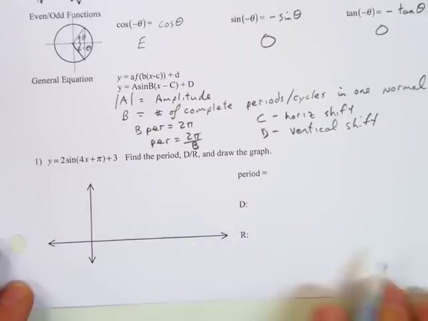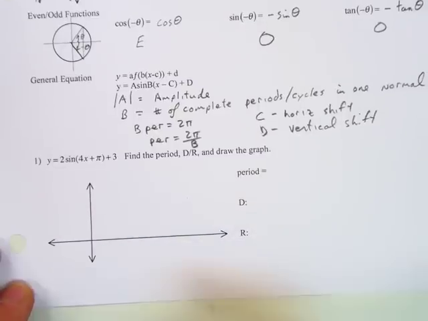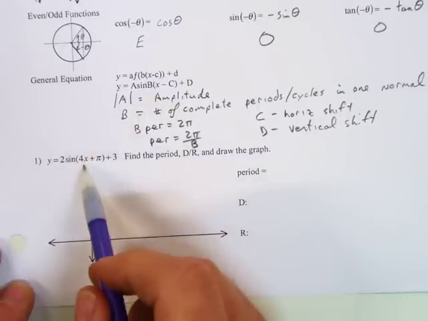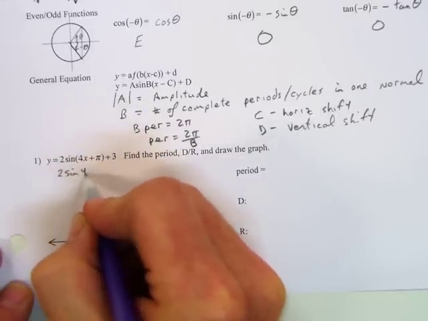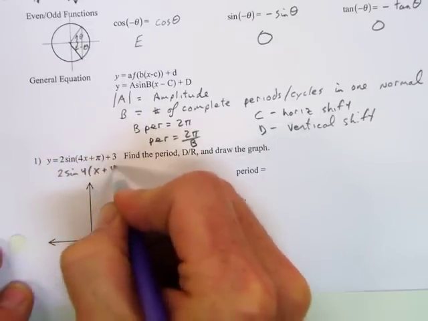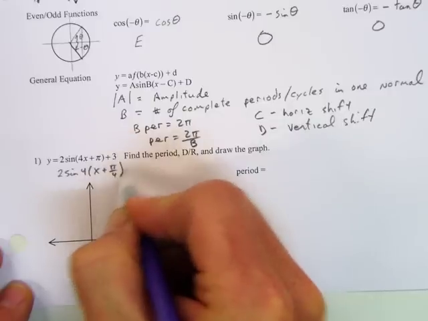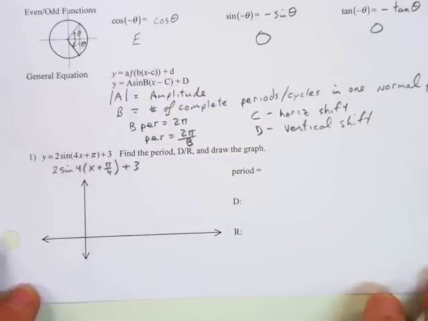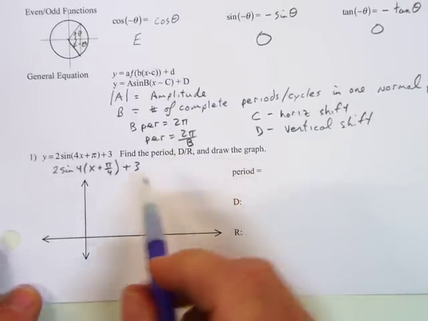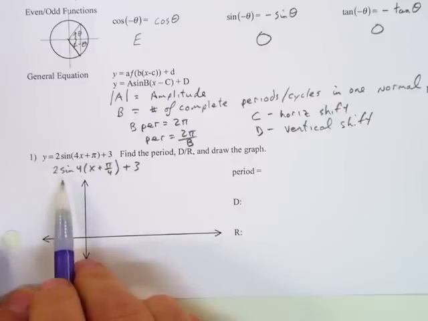So when we're looking at this problem number 1, we need to put it in this form. Right now the 4 is not there, so we're going to need to factor that out. So it would be 2 sine of 4 times the quantity x plus pi over 4, and then all of that plus 3. So what's going on here? What's the 2 doing to the graph?